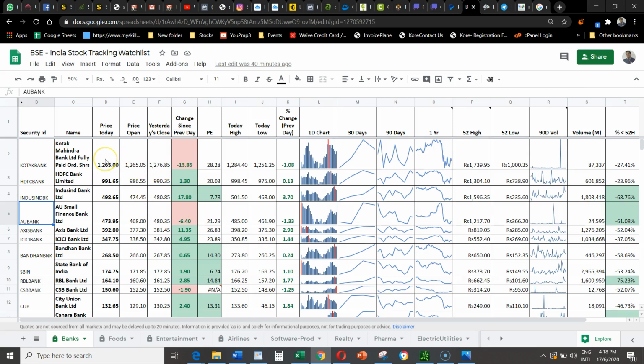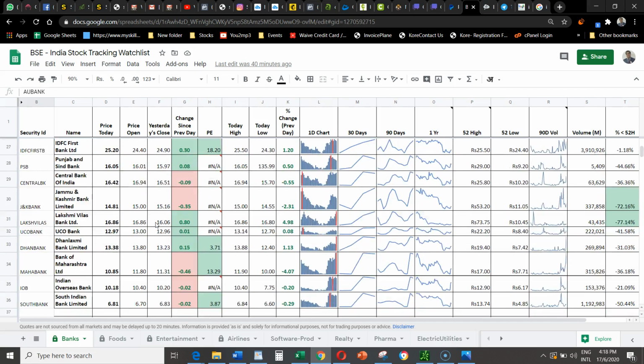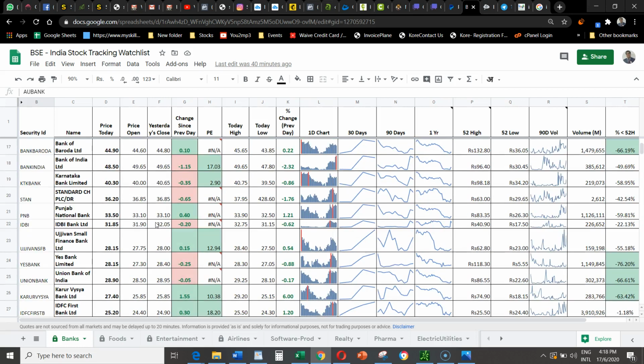So this is today's price, and then this is yesterday's closing price, and this is 13 rupees down, this is 17-18 rupees up. So you can very quickly see what's rising, what's falling, and it's all color coded for you. All right, for all the stocks, it's all done already for you.